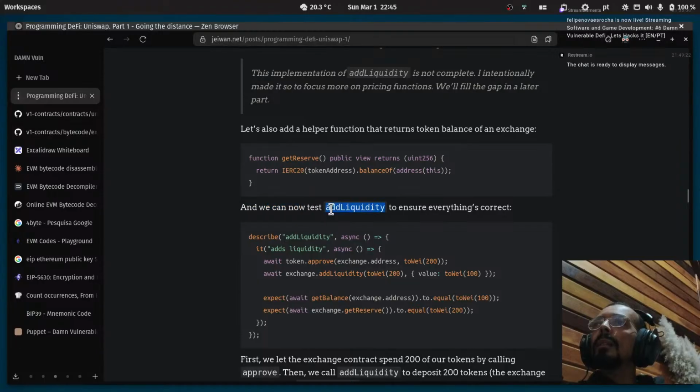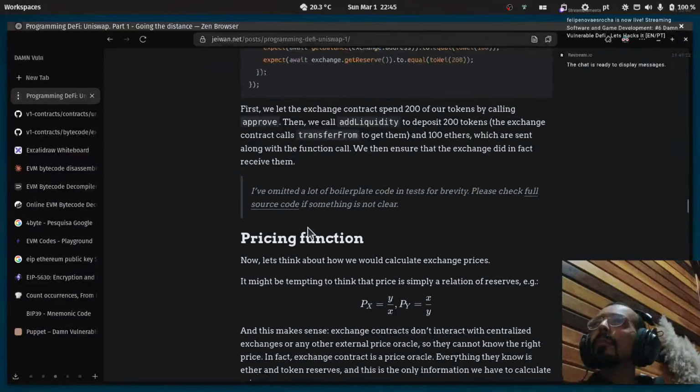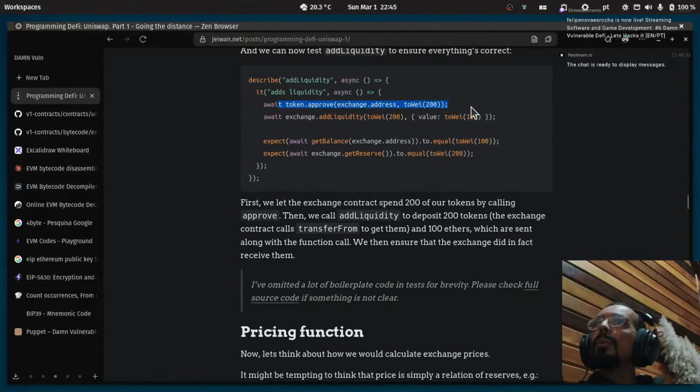And we can now test add liquidity to ensure everything is correct. Okay, nice. They did some tests. The test they did was approve, add liquidity with some value, and they check the balance.